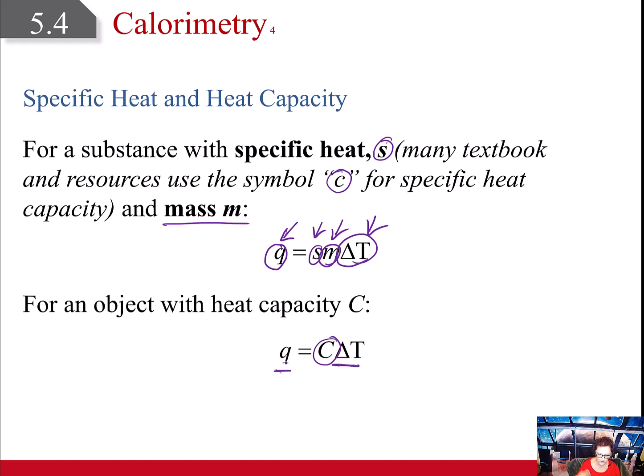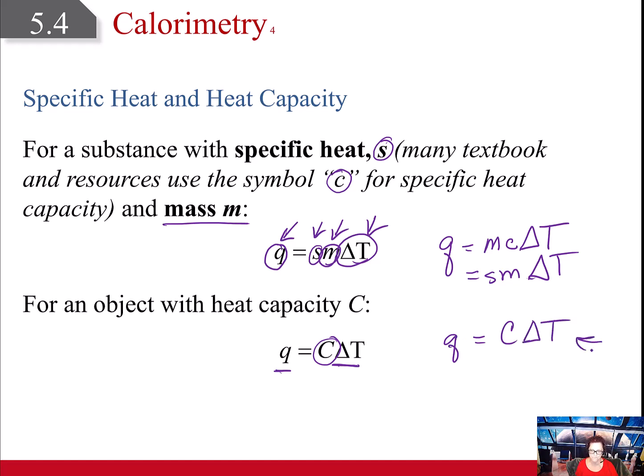Okay, so there's two separate formulas, and you may see this as like that, or like that, and then Q is, notice that this one you're not going to be worried about the mass.